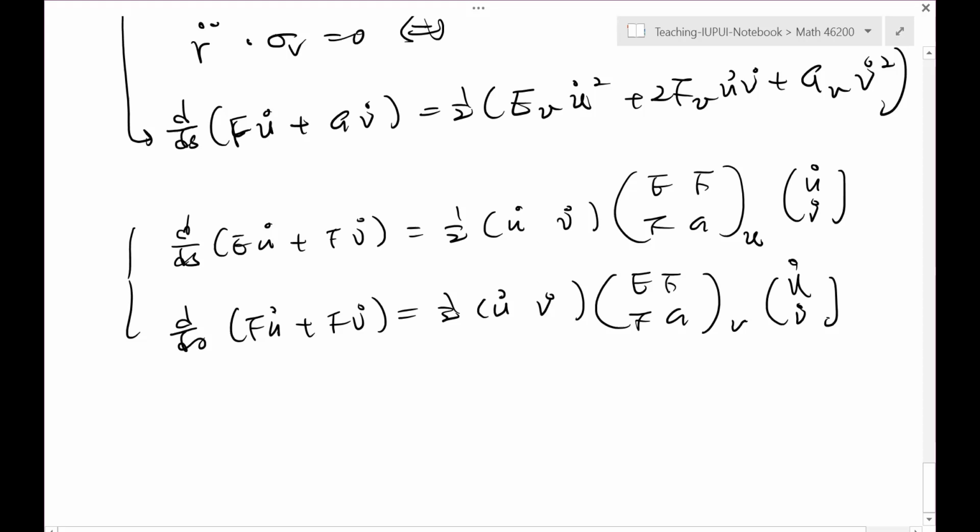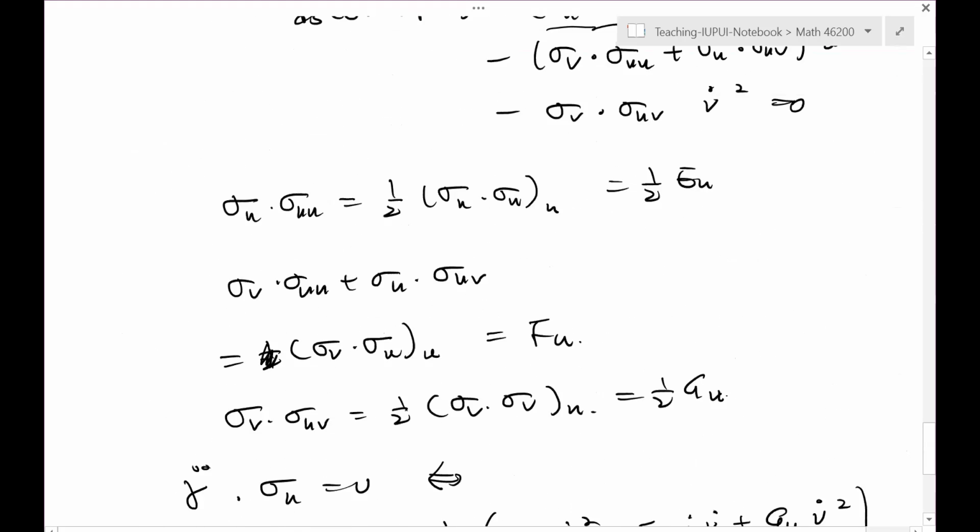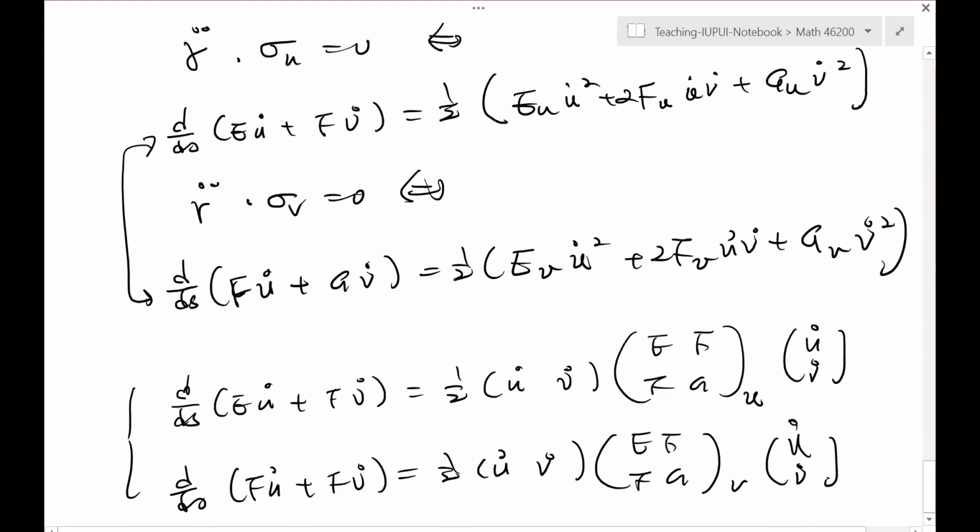Yeah, let's take a look at some examples. And really, for the examples, maybe the second proposition is better. Let me write down the proposition.